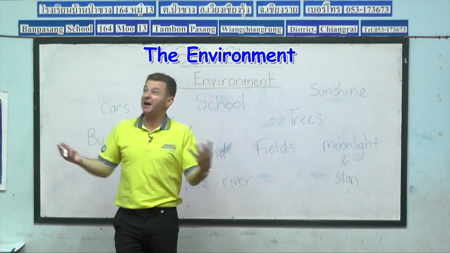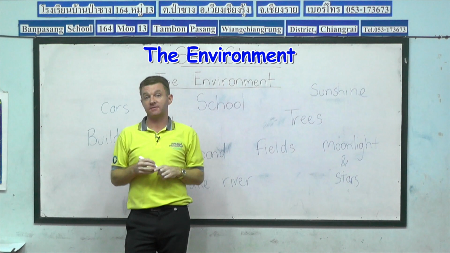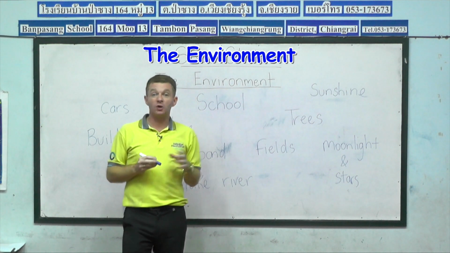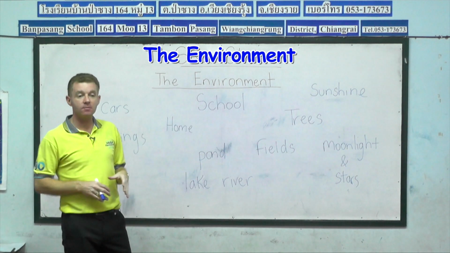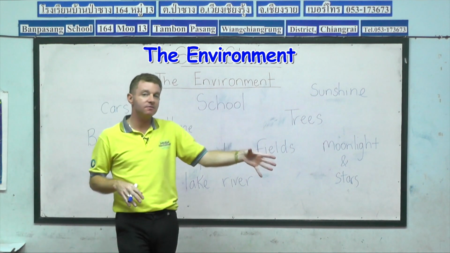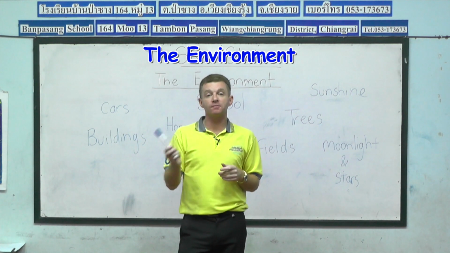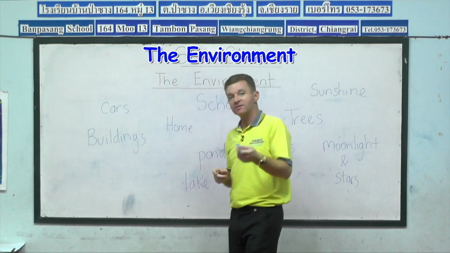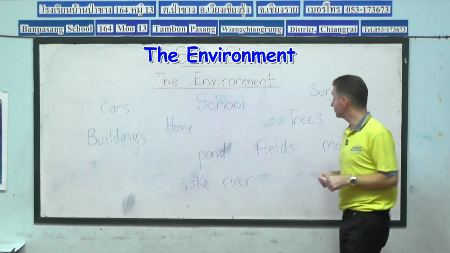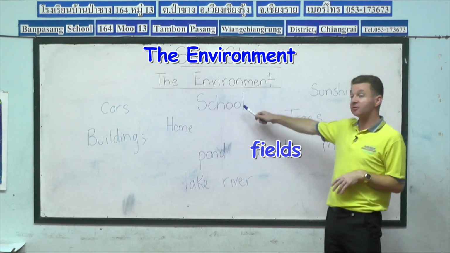Like now, we don't have any sunlight, but we have artificial light in the classroom. So you can see how the different things can make up an environment. We have natural environments and we have man-made environments. Some of the things can combine to be a combination of both. For example, in Ban Ba Sang, which is a village, you might see some fields and you might see a school.